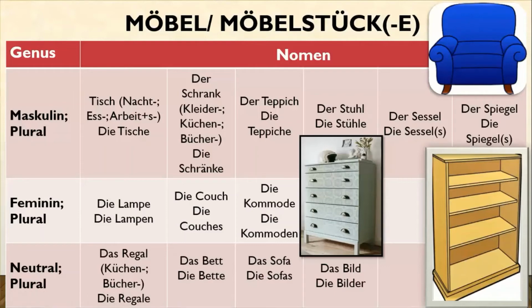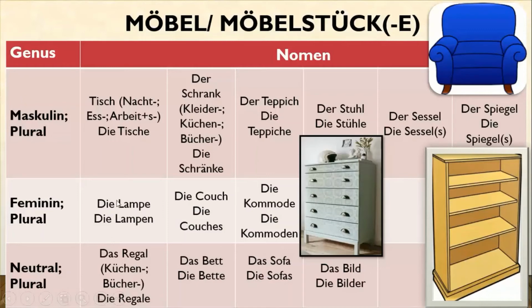Plural noun will remain either Sessel or will get an S. So you can write in both forms, die Sessel, die Sessels, der Spiegel, die Spiegel, or die Spiegels, which is the mirror and mirrors.